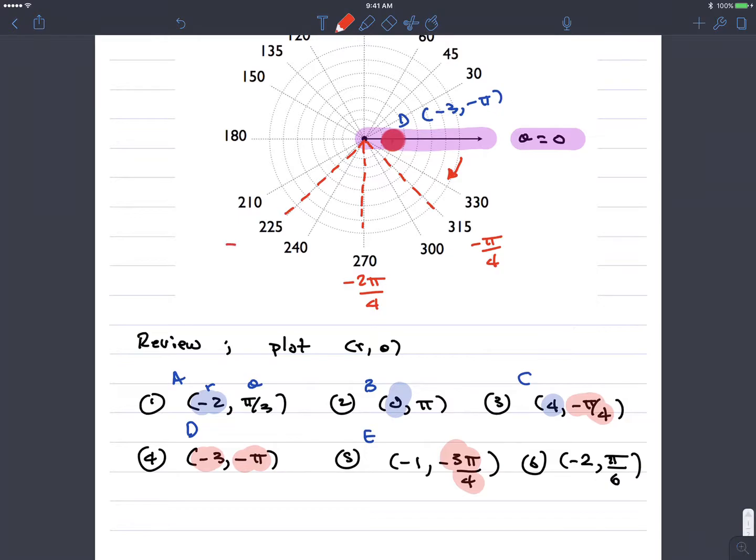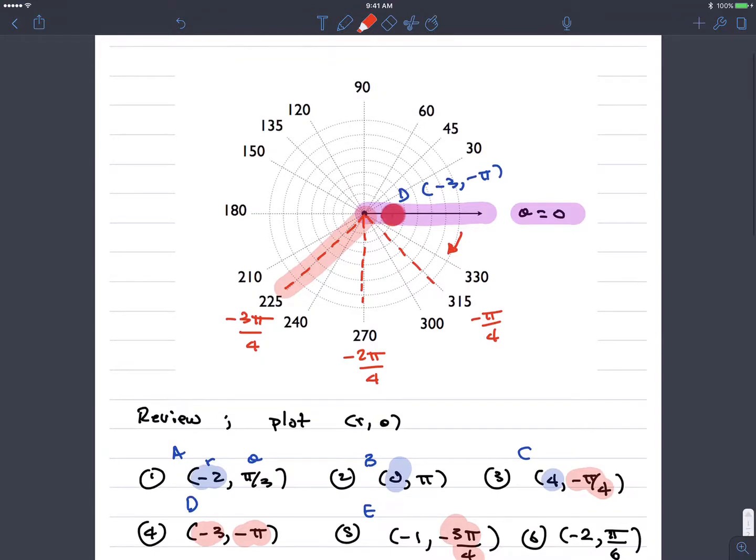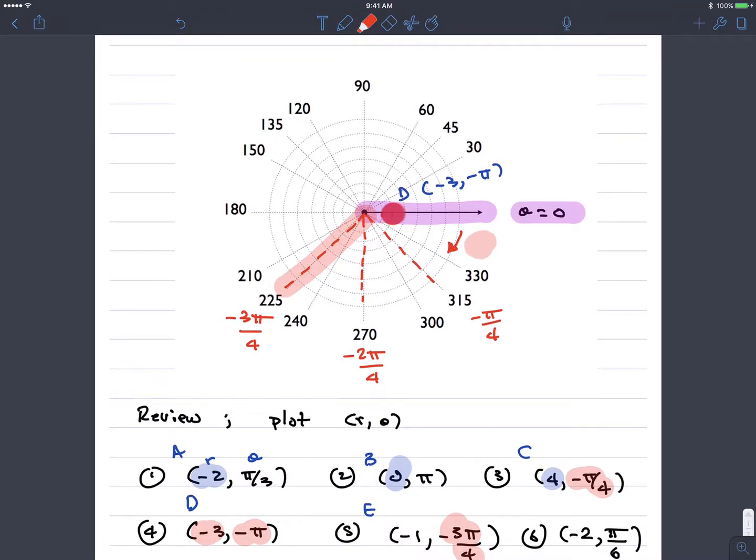And this will be minus what? 3 pi over 4. So that the angle here, this negative angle, is right here. Okay, so far so good. We're rotating clockwise. That means our angle is going to be negative. So that's negative 3 pi over 4.